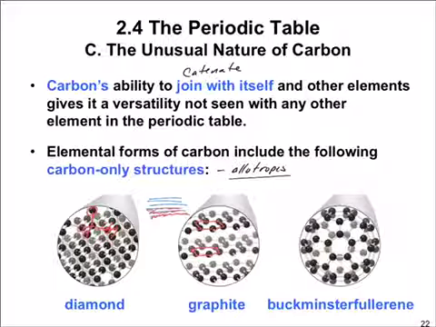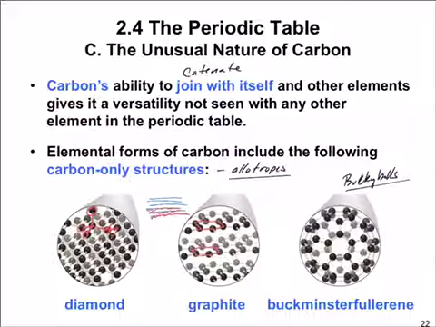Now, the third one is Buckminster fullerene, or buckyballs. Yes, that is a real term, buckyballs. Now, buckyballs are kind of interesting. They're a newer form of carbon, discovered in the late 60s, early 70s.